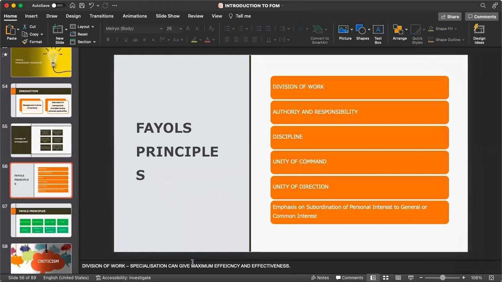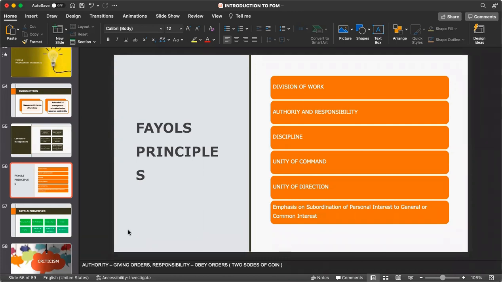Second is authority and responsibility. Authority means the power to give orders to your subordinates, and responsibility means whenever you receive an order, you need to follow it.